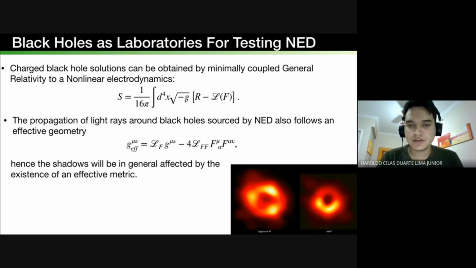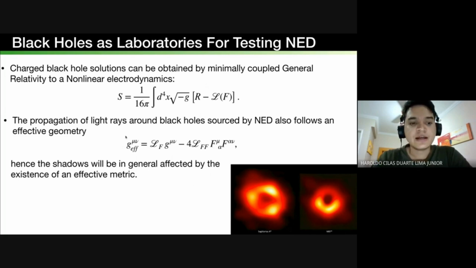The Lagrangian is given by this term here, so it's the Ricci scalar minus the Lagrangian for the nonlinear electrodynamics, and we can show that the propagation of light rays around black holes sourced by nonlinear electrodynamics also follows an effective geometry. So light rays do not follow the null geodesics of the background geometry, g mu nu, but they follow the geodesics of this effective geometry here.